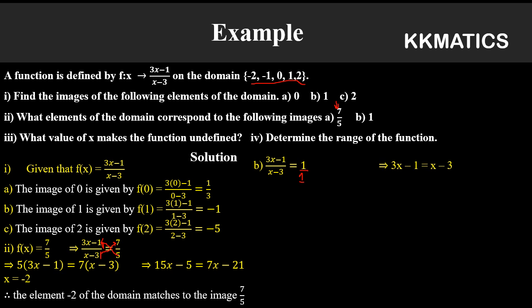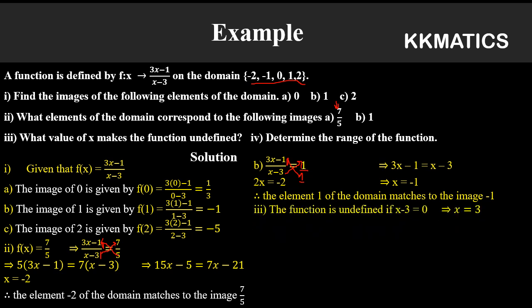So therefore we cross multiply. 1 goes there. This expression also goes to where the 1 is, and this is what we have there. So 1 multiplies this, the same thing, 1 multiplies that, the same thing. Next thing to do is to find x. So we have our x to be -1. Therefore the element 1 is one of the domains of the image.